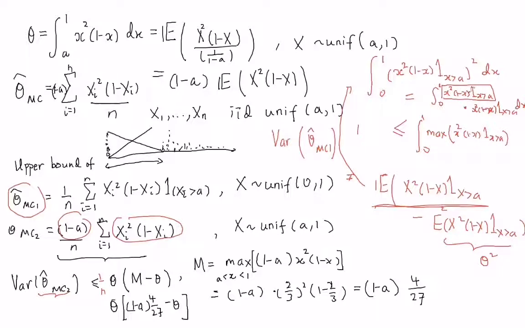So this part you replace with the max, and then you have less than or equal to the max times x squared. So this part you keep, okay? And as we saw just now, the max is 4 over 27, okay? So this becomes 4 over 27 times the integral of this, dx, right?